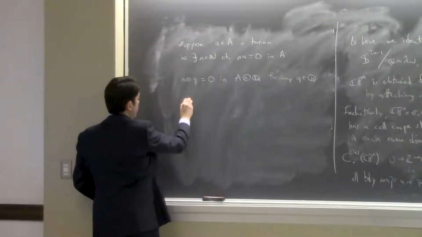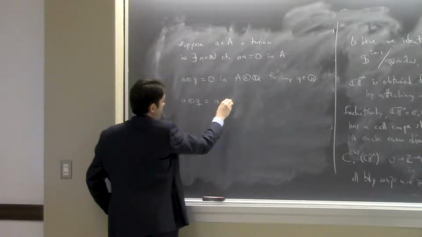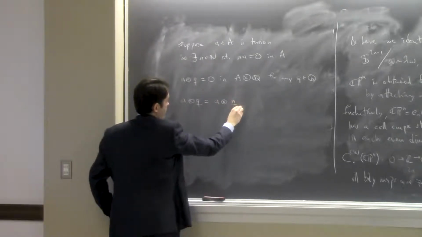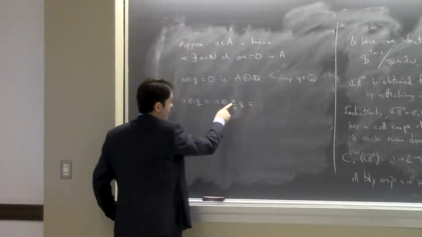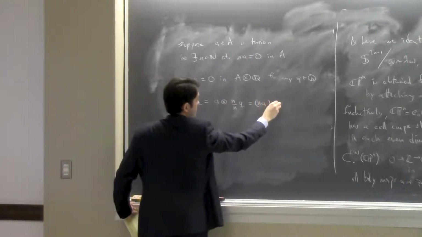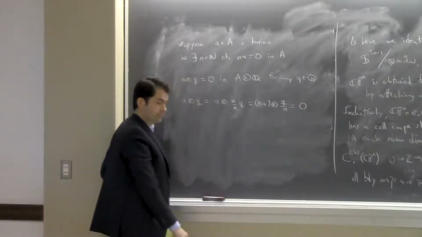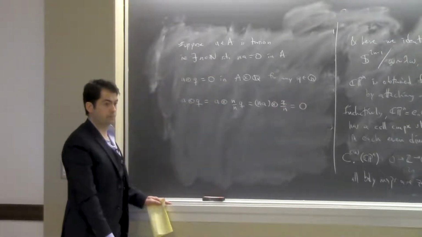Because what I can do is I can take A tensor Q, and I can write this as A tensor n over n Q, and then I can take this n and move it over. Right?